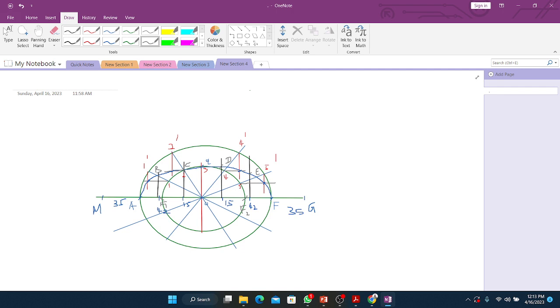So now after finding F1 and F2, you want to connect B with F1 and F2. You want to join B with F1 and F2 in this way.